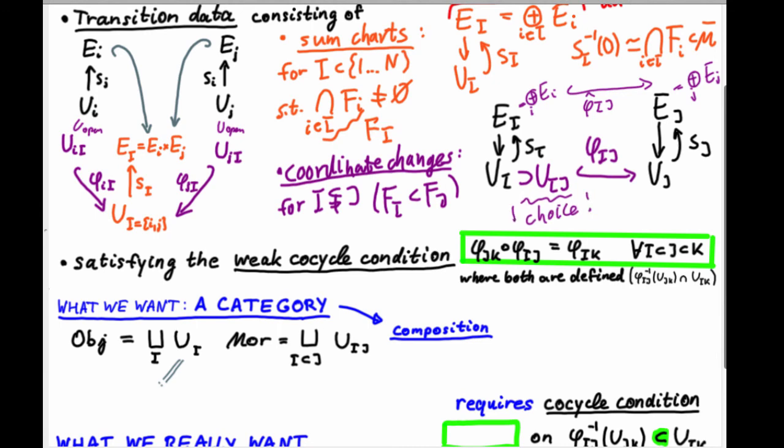And so there are different ways of saying cocycle condition, and what we construct naturally is something where the composition of embeddings is equal to the direct embedding when both of them are defined. I haven't tried to make an example of this, but in general there's no reason that one or the other will have a larger domain.